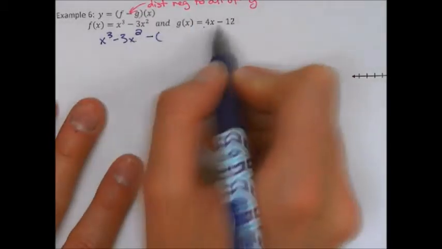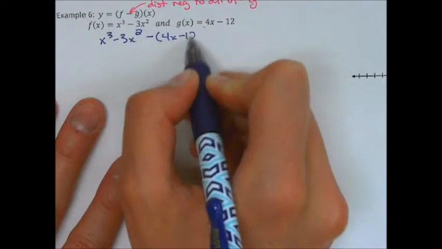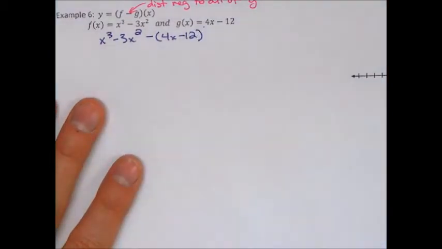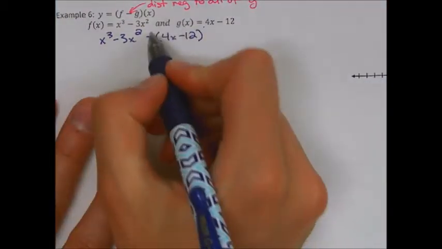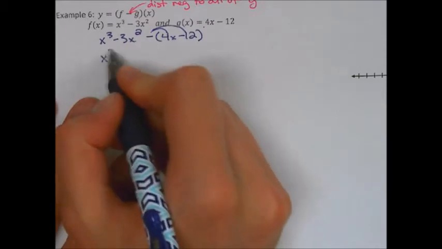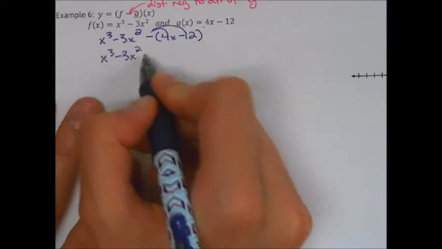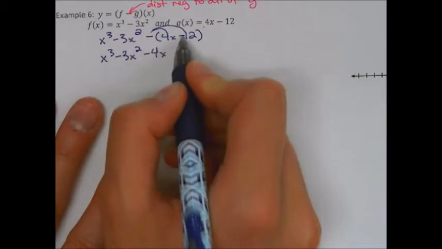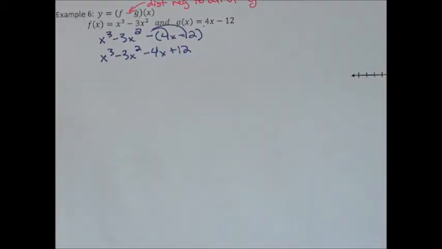Minus my g is 4x minus 12. So again, we need to make sure that we distribute that negative. Minus 4x plus 12. We need to factor, sketch, and label all the x and y intercepts.